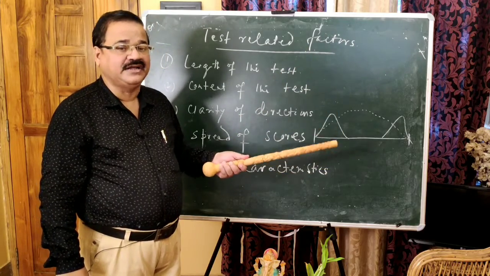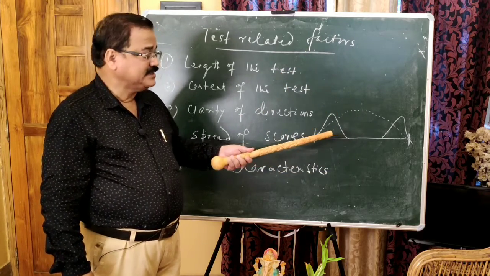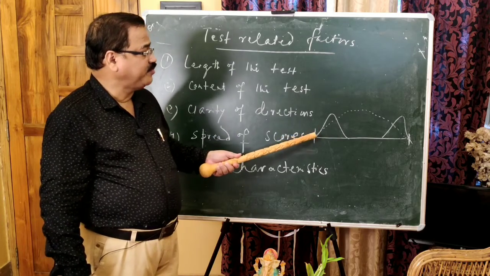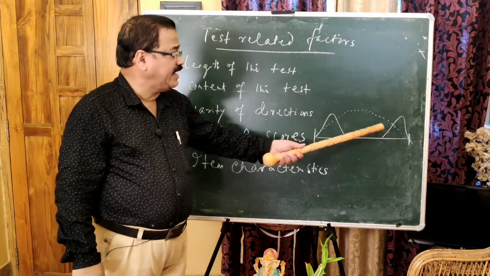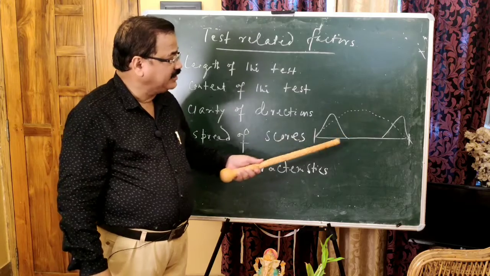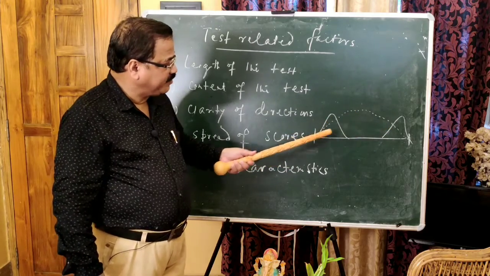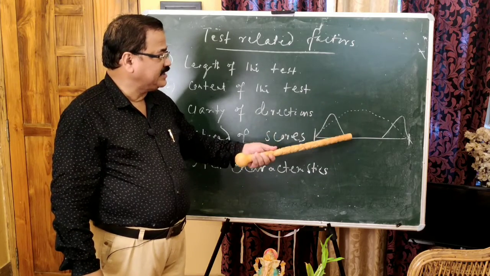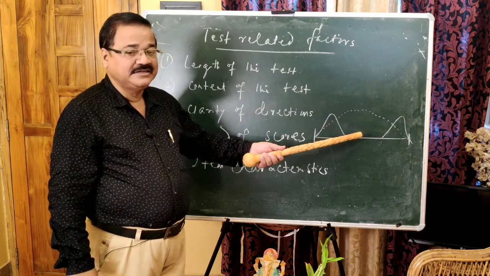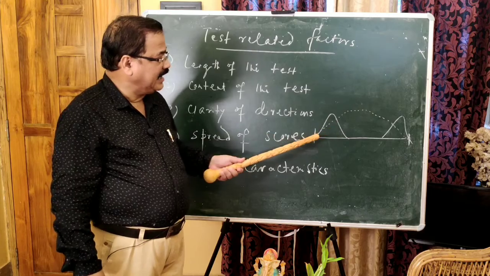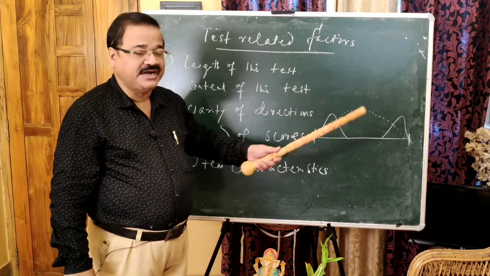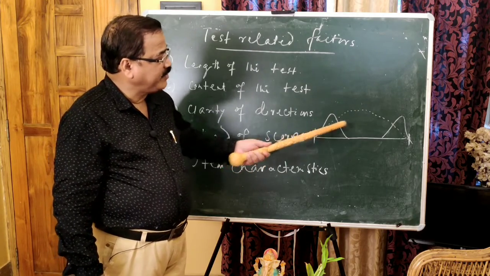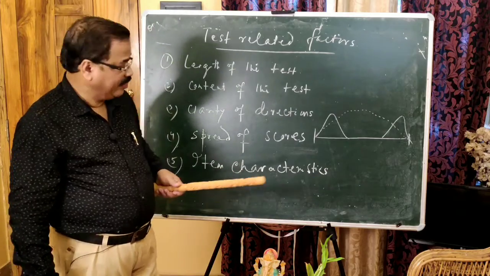That should be eliminated. Good ones will be selected, whose results will be spread all along the scale, from lower end to higher end. There may be some concentration of scores in the middle if the data are normally distributed. Otherwise, it should be spread all along the scale.